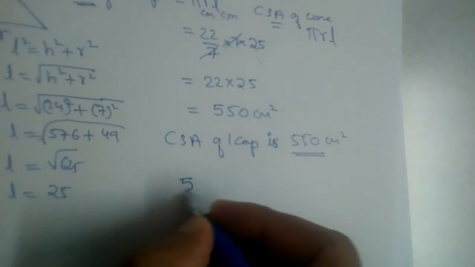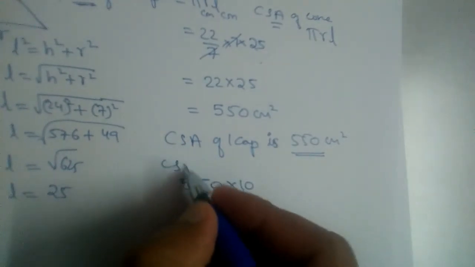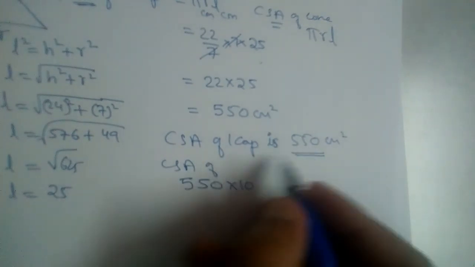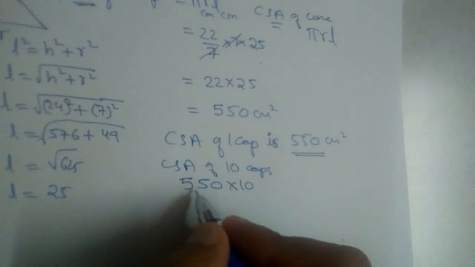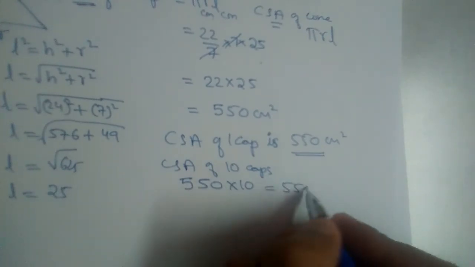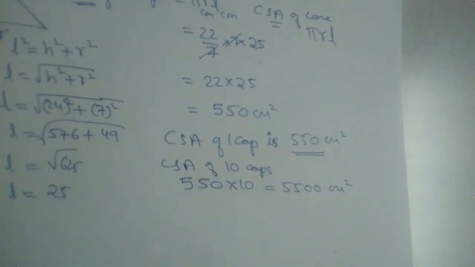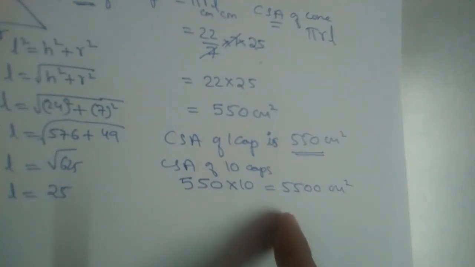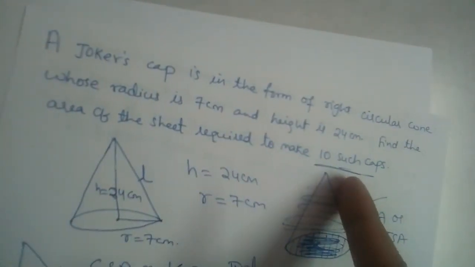It will be 550 into 10. Right? CSA of one cap is 550. So curved surface area of 10 such caps will be equal to 550 into 10. Alright. So 5500 centimeters square. This much paper is needed to make 10 joker caps.